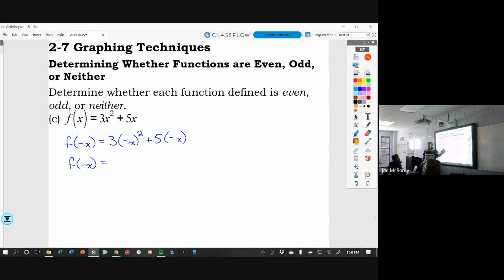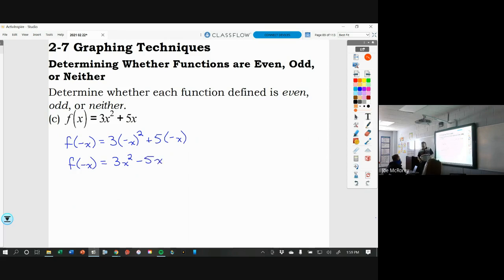And x squared times 3 is 3x squared. So as of right now, they're looking the same. It appears that this might be even, okay? But now I have 5 times negative x, which is negative 5x.